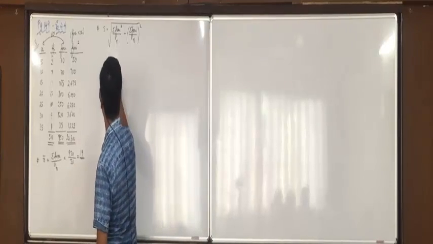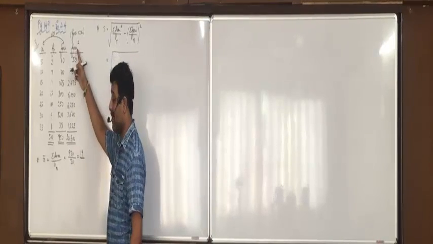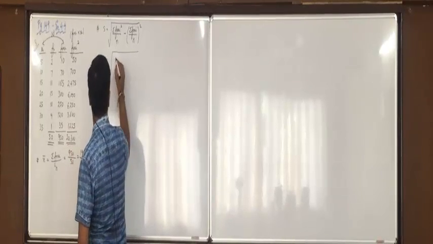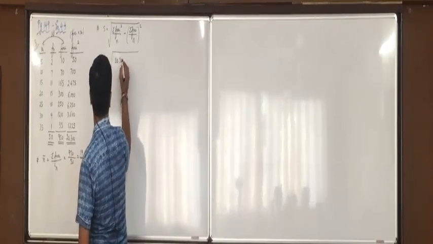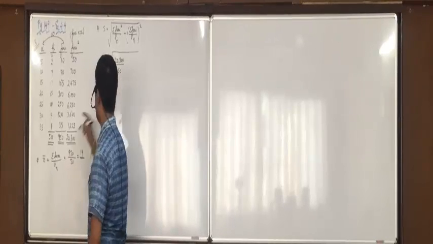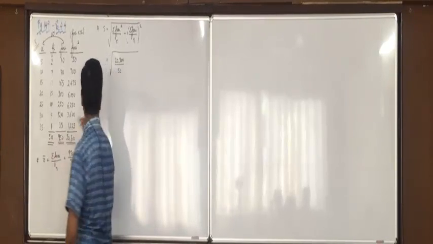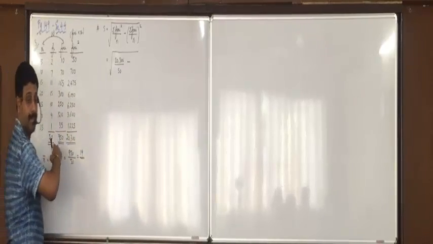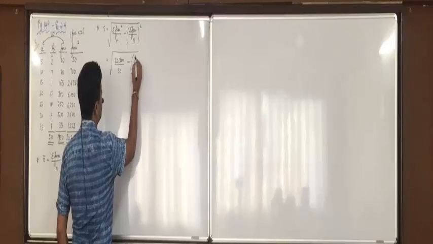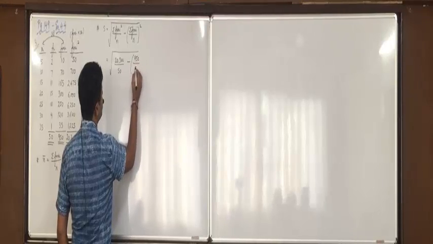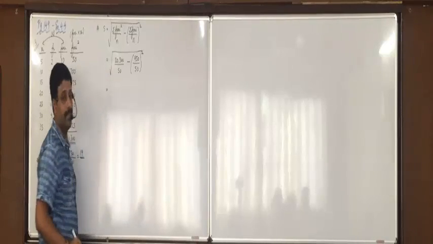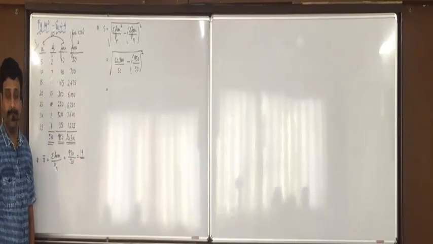Yes. So square root of, see, sigma FiXi square is 20,300 divided by n, which is 50, that is the total of Fi, minus sigma FiXi, which is 950, divided by again n, the total of Fi, that is 50, whole square. Got it, everyone?